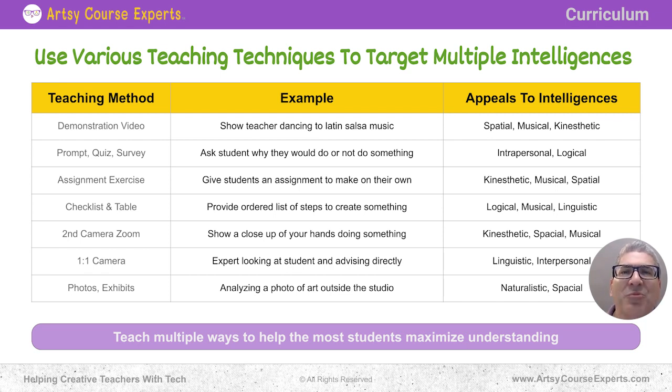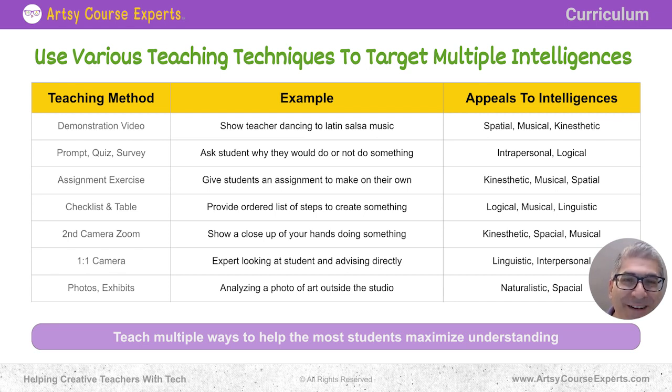You may want to talk directly into the camera for some students that need that extra interpersonal or linguistic, where they really want to listen to your choice of words. And finally, you may want to use photos of something outside the studio. That would be great for spatial or obviously naturalistic intelligences.